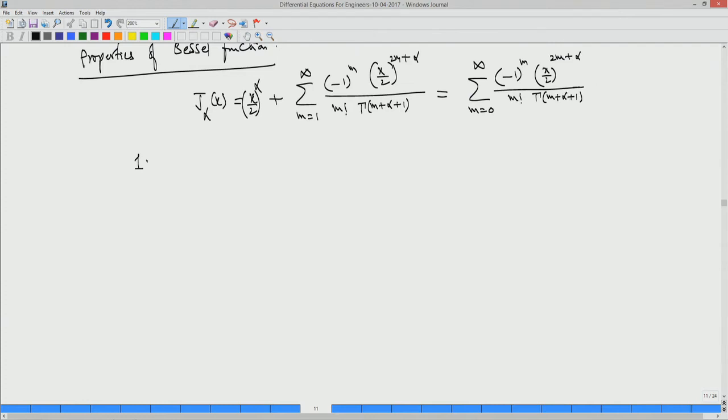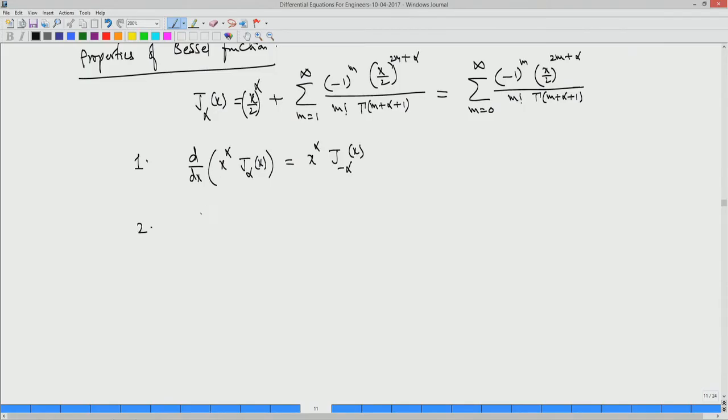First property is, if you differentiate x power alpha J alpha of x, what you get is x power alpha J alpha minus 1 of x.